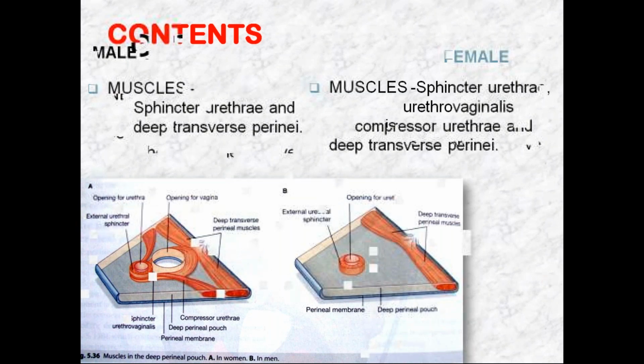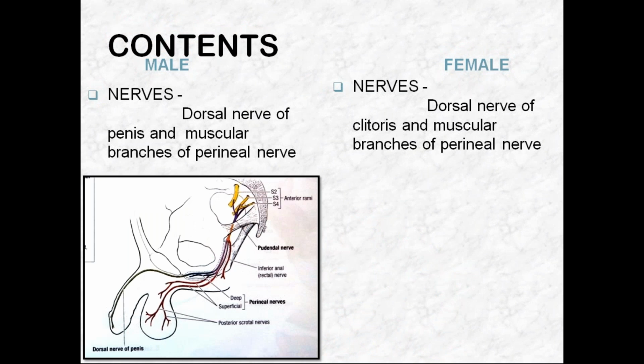So next one, contents of male and contents of female in deep perineal pouches. What is situated in deep perineal pouch are, in case of male, dorsal nerve of the penis and muscular branches of perineal nerve.